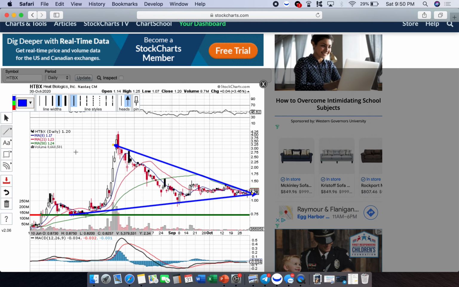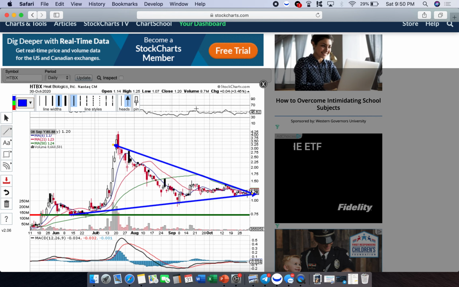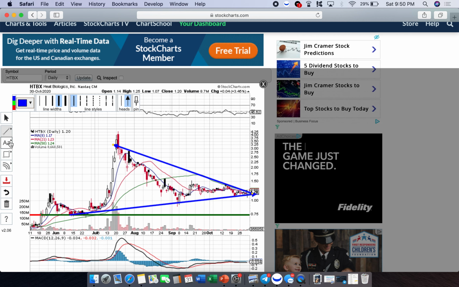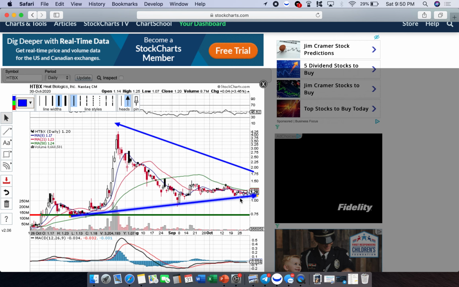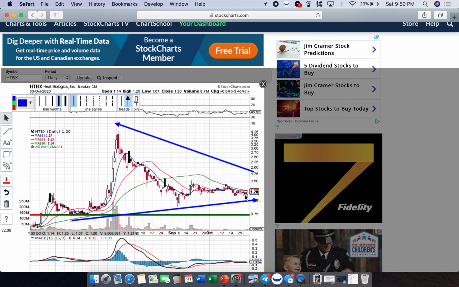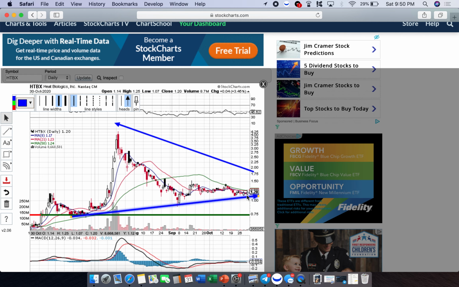What we have here is all the moving averages converging, and you can see the stock closed at $1.20 on Friday. I was looking forward to a close in the $1.25, 26, 27 area. Why does that matter? Because you can see this candle that held. This candle is really good because it tested the line below.